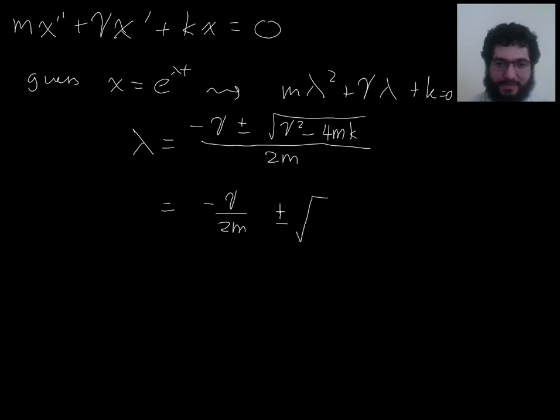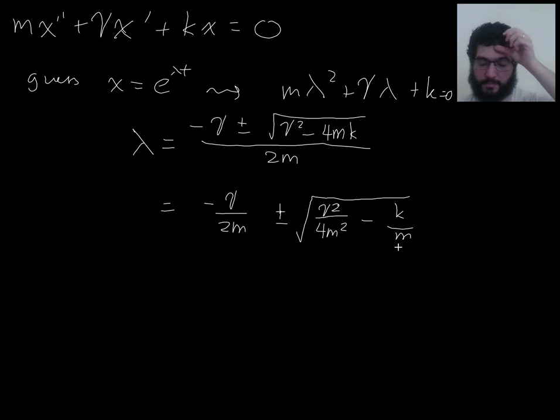Somehow that feels better to me. I don't know if it's nicer, but it's at least an alternative way of writing it. So gamma squared over, so when I stick the 2m inside the square root, the 1 over 2m becomes 1 over 4m squared inside the square root. So 4m over 4m squared, that's just 1 over m.